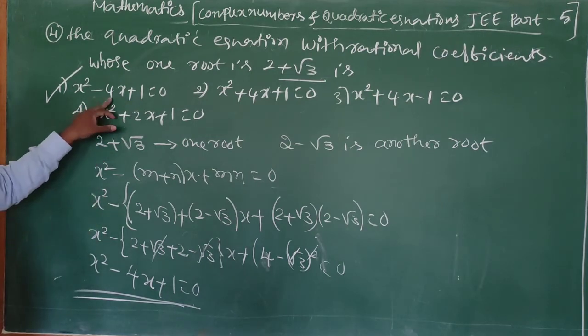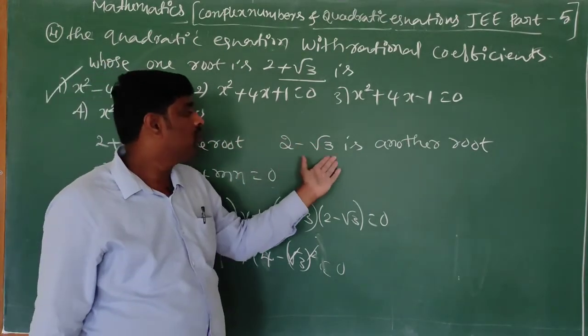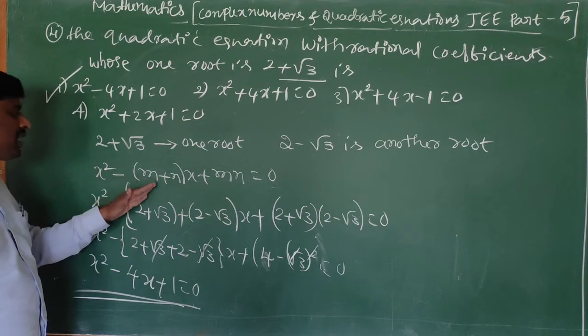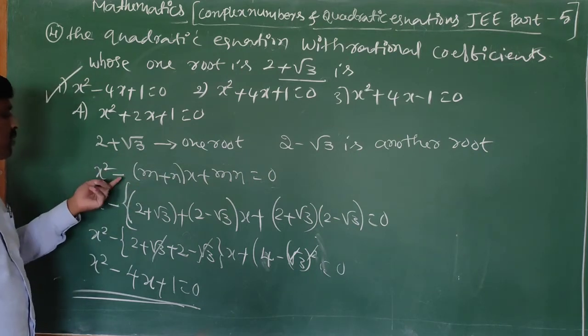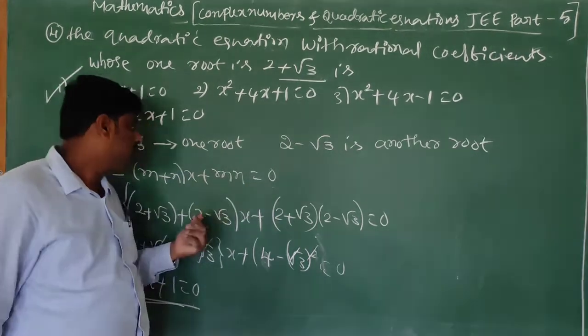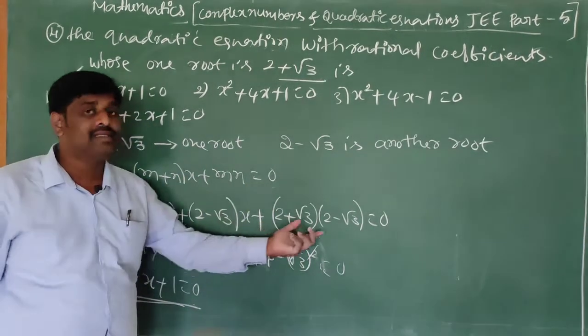So 2 plus root 3 is one root, its rational conjugate is 2 minus root 3. And again the formula for forming a quadratic equation is x square minus m plus n of x plus mn is equal to 0. Substitute m value and n value plus mn.